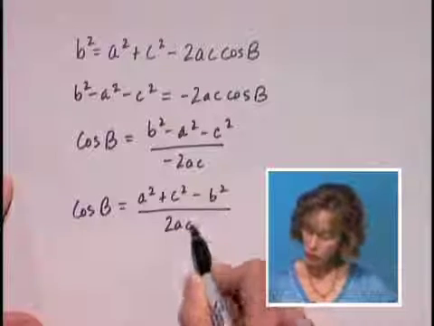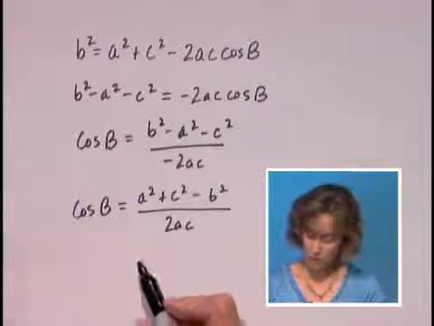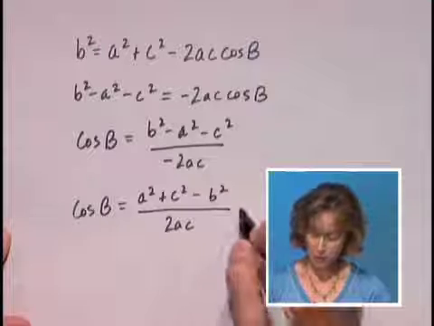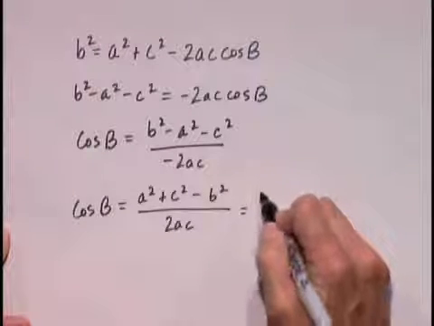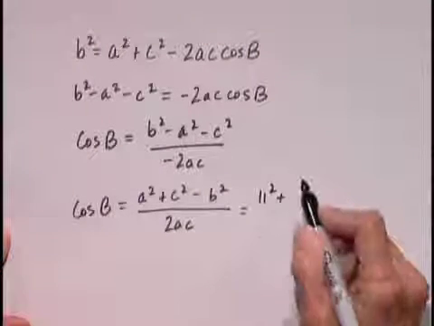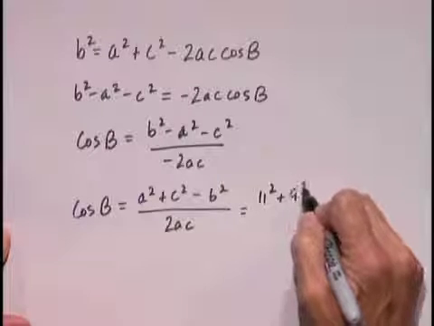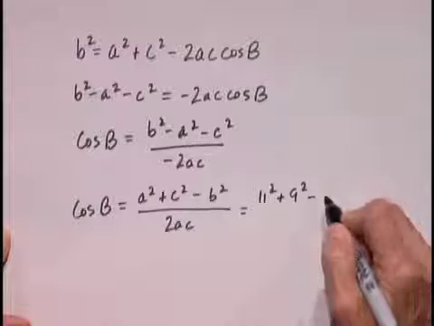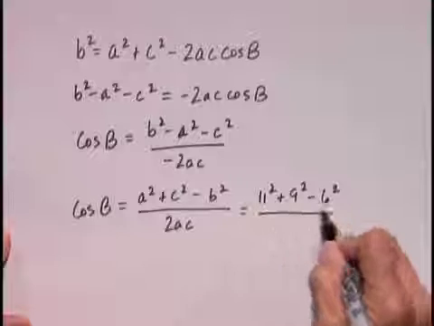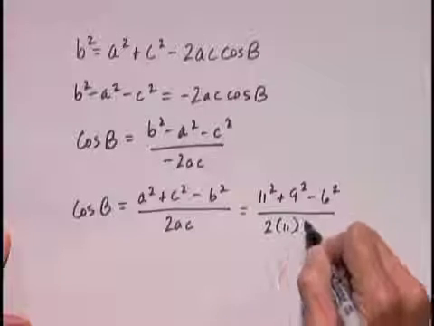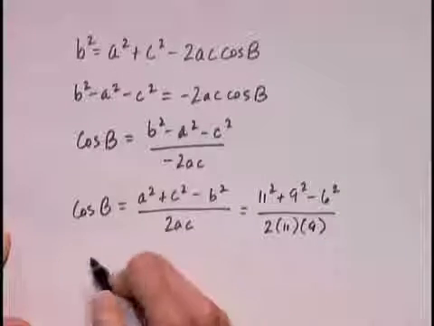And now I'm ready to put in the lengths of the sides. If you look back, A is 11, C is 9, B is 6, and so I divide by 2 times 11 times 9.